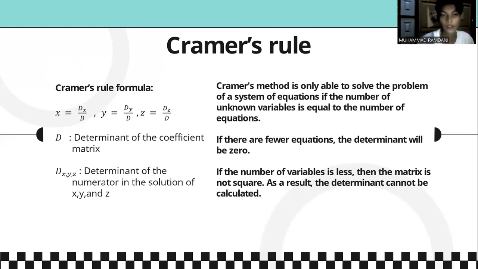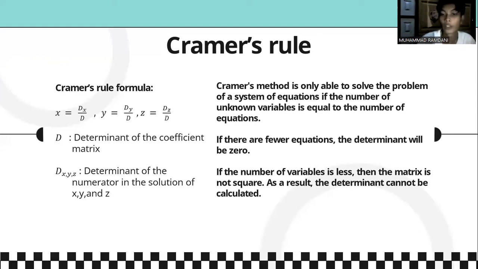The variable, such as x, y, and z, equals the determinant of the numerator in the solution of the variable divided by the determinant of the coefficient matrix.